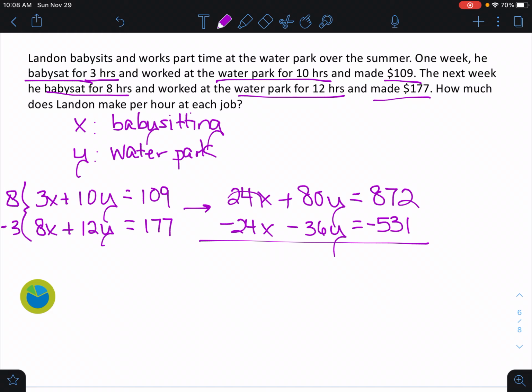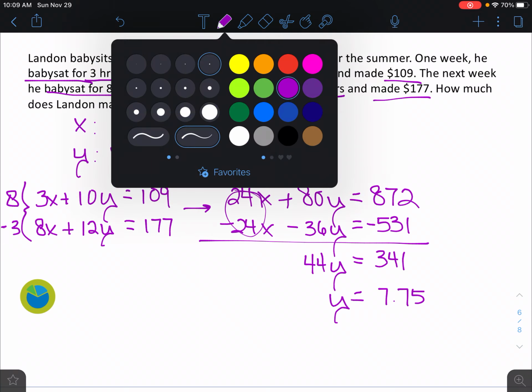Okay, so this is 44y and 872 minus 531 equals 341. Okay, and now we're going to divide by 44. And we get 7.75. All right, so now I'm going to plug back in and get my other one here.